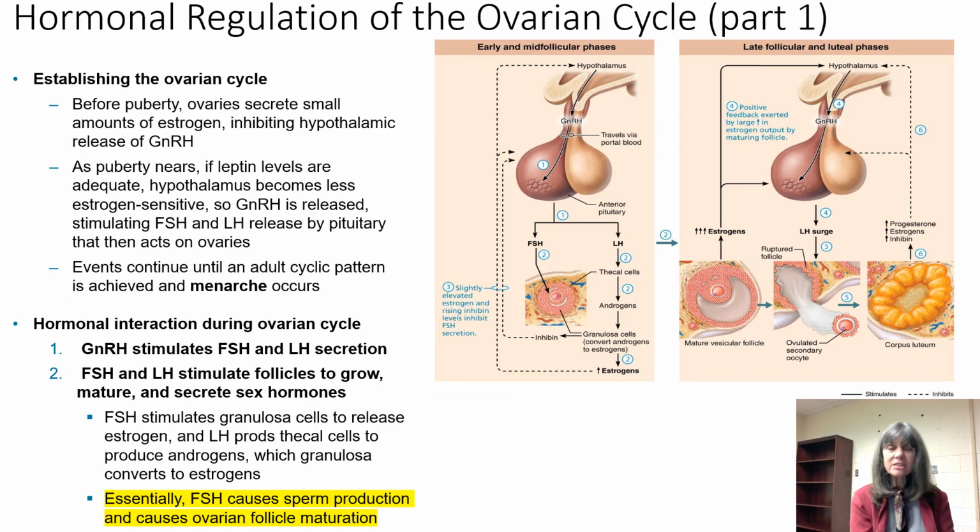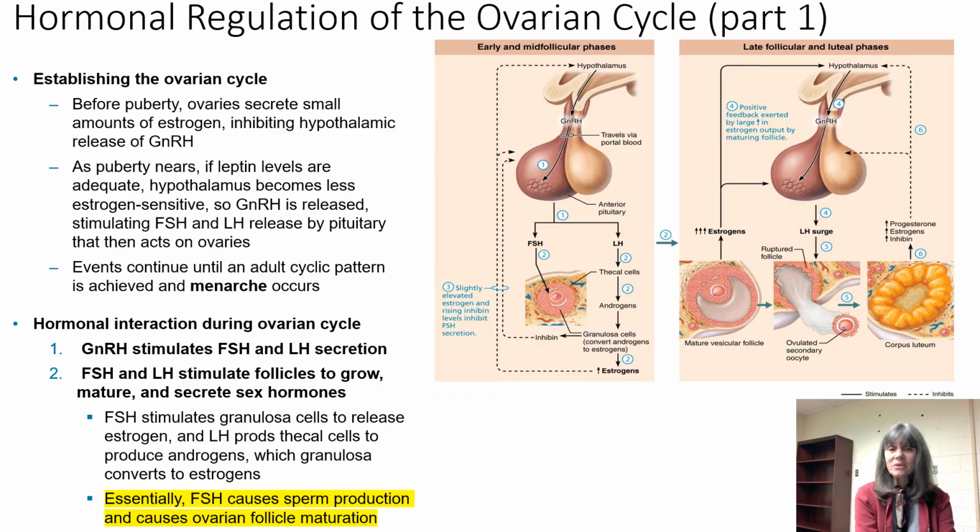Before puberty, the ovaries actually secrete small amounts of estrogen, which inhibit hypothalamic release of gonadotropic releasing hormone. As puberty gets closer, and if leptin levels are adequate, remember leptin is a hormone stored in adipose connective tissue, then the hypothalamus becomes less estrogen sensitive, so gonadotropic releasing hormone is released, stimulating follicle stimulating hormone and luteinizing hormone release from the adenohypophysis, which then acts on the ovaries.